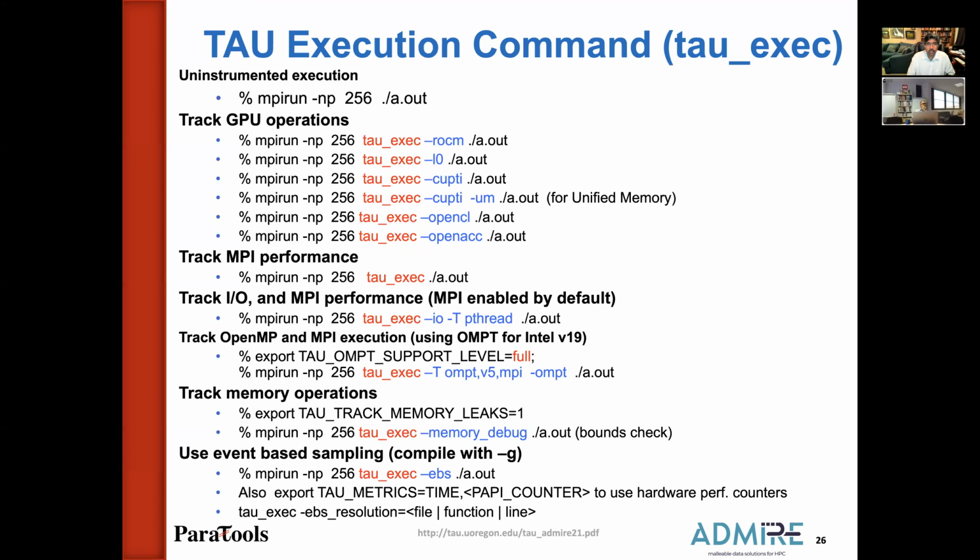And this includes ROCm for the AMD GPUs, or Level Zero for Intel GPUs with -l0, or OpenCL for Intel GPUs or AMD as well, or -cupti for NVIDIA with CUDA, or -cupti with unified memory, -um, or OpenACC.